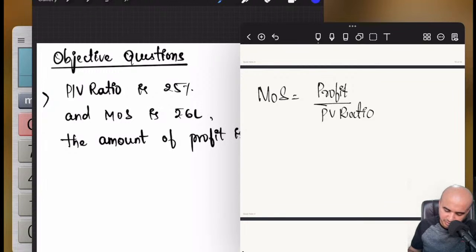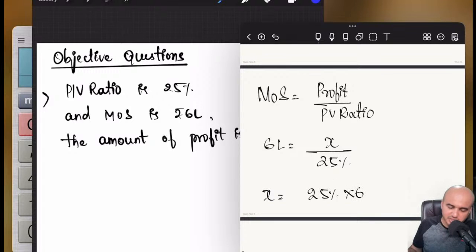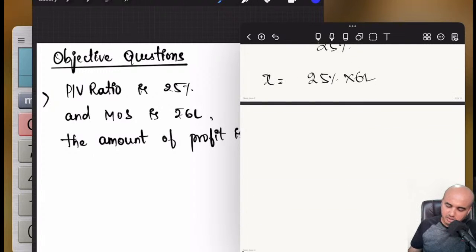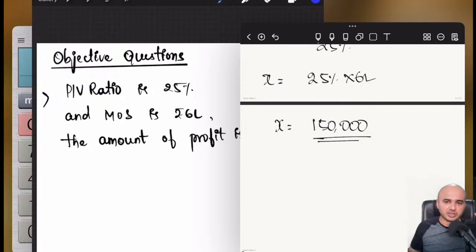So let us substitute the values here. 6 lakhs equals profit X, PV ratio is 25%. So therefore X equals 25% into 6 lakhs, or 6 lakhs into 25%. 6 into 25 is 150, so therefore X equals 150... sorry, 1,50,000. So that is my profit. Very simple problem, nothing much is happening. Let's move on to the next one.